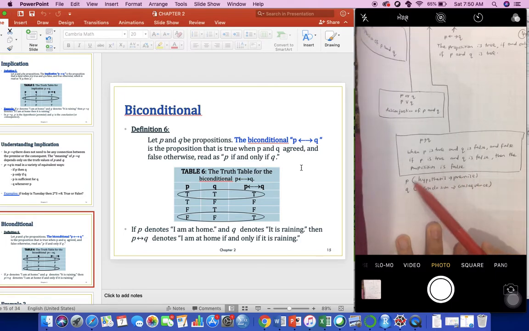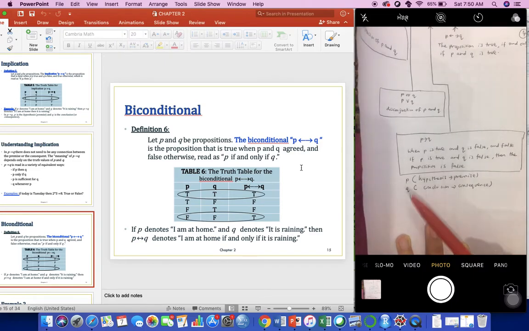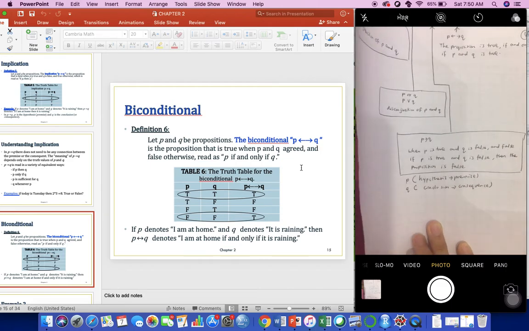P here stands for the hypothesis, and Q here stands for the conclusion or consequence. So remember that when P is true and Q is false, the result is false. Or you can say that if P is true and Q is false, then the proposition is false. Alright.